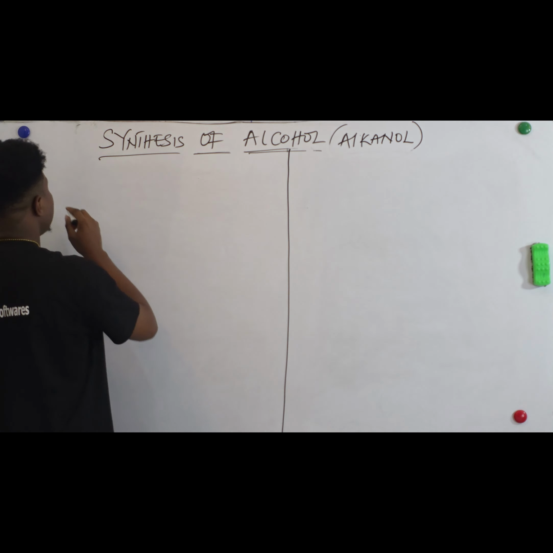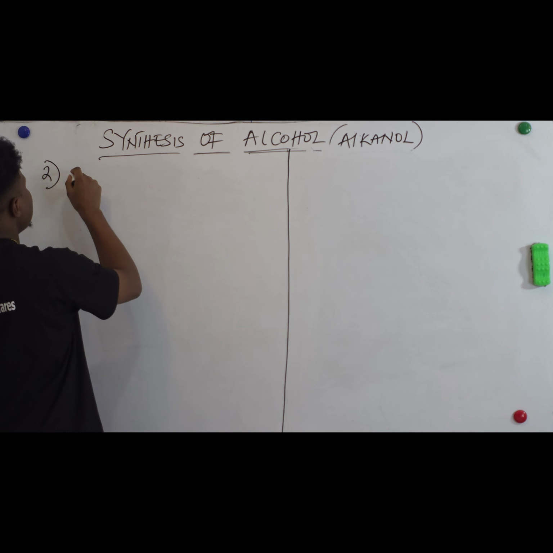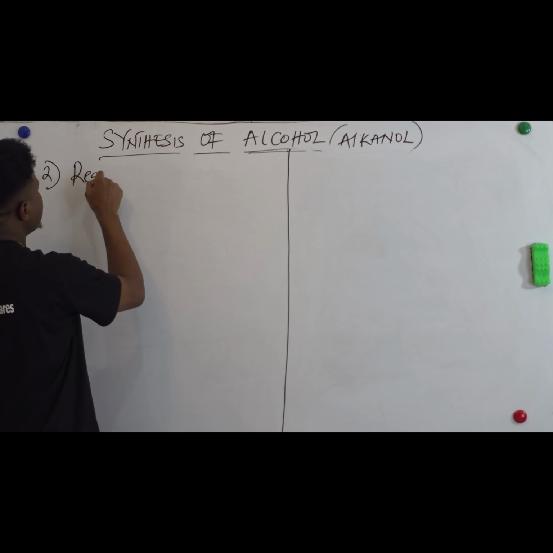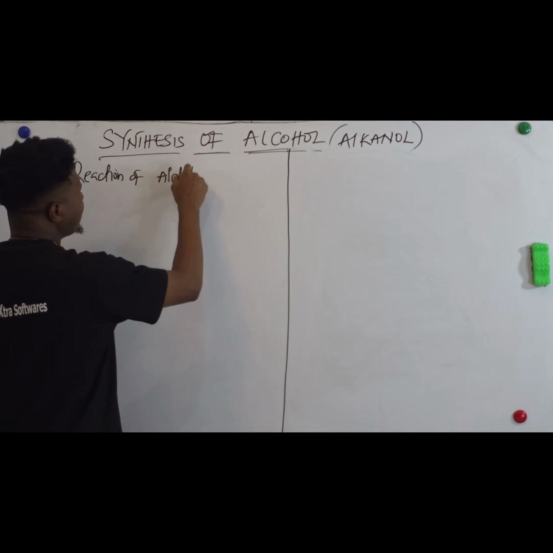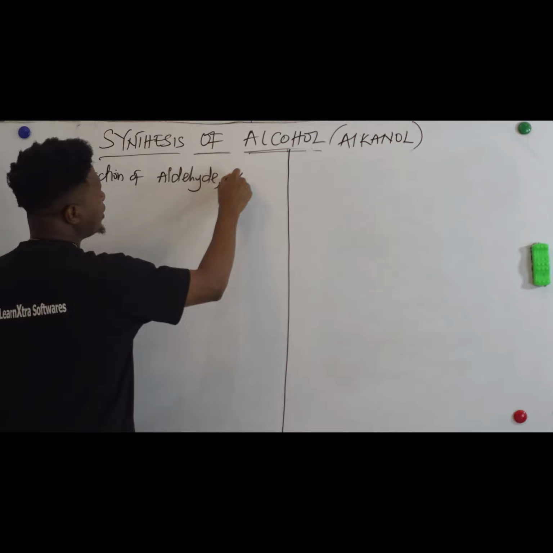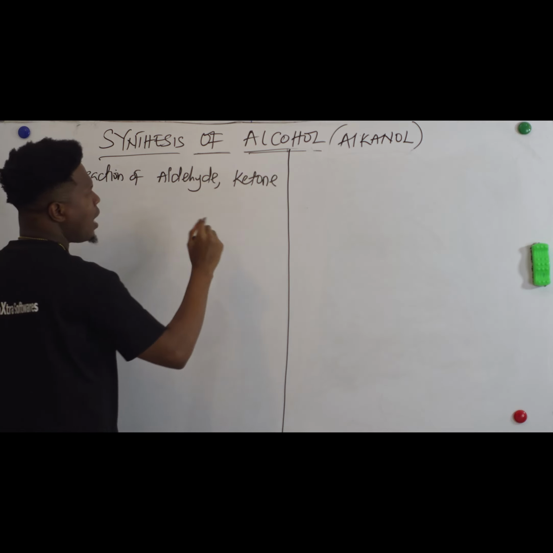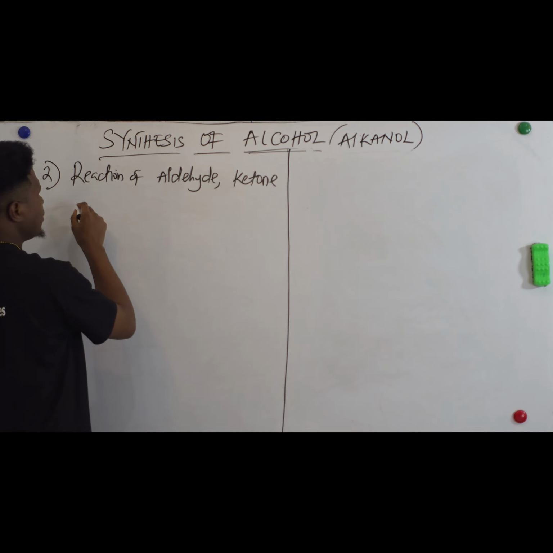So the next synthesis, number two, is the reaction of aldehyde or alkanal, ketone or alkanone, with Grignard reagents, followed by hydrolysis.